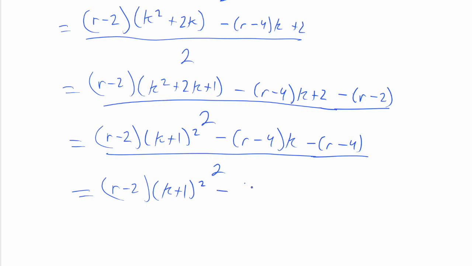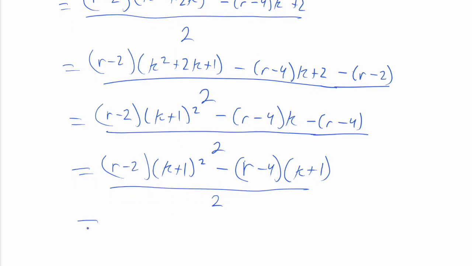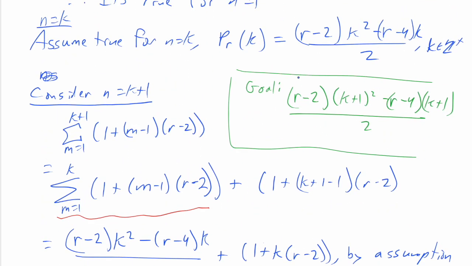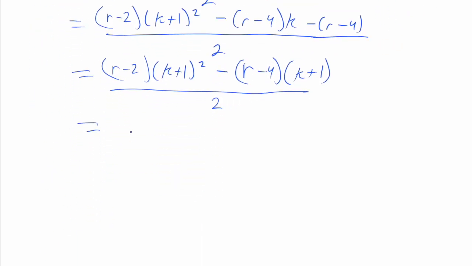So we have r minus 4, and if we factor that out, we're left with a k plus 1, which is what is required. I guess I should write now P(k plus 1). Therefore, it's true for n equals k plus 1.